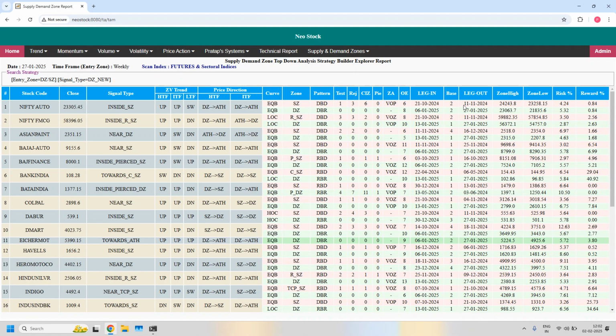See, the leg out candle, this is the closing candle. This is the demand zone leg out. The week starting is 27 this week.